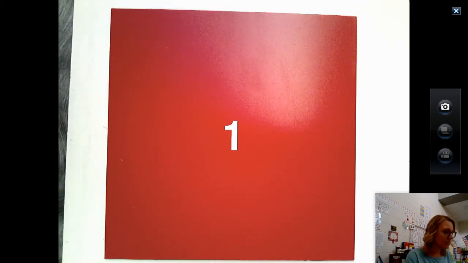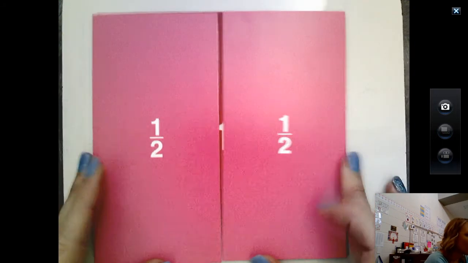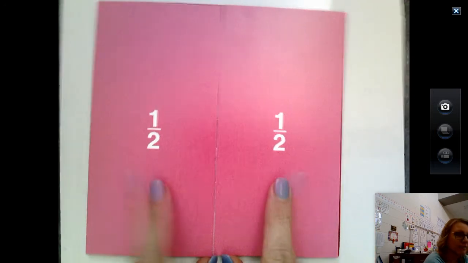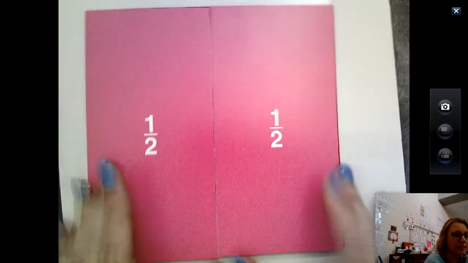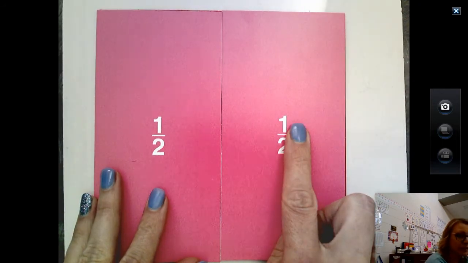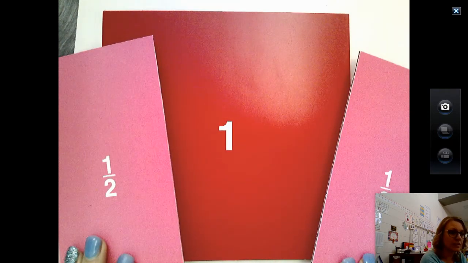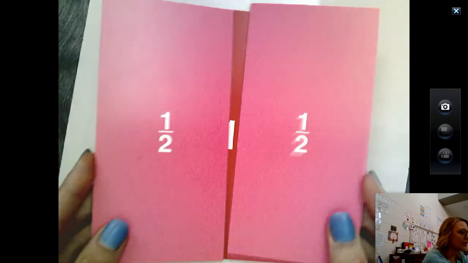Now, if I took that one whole square and I cut it in half like this, I would now say I have a half. 1/2 and 1/2 makes a whole. Okay, and this is a fraction. 1 out of 2. I have 2 total pieces. And when I put them together, I have a whole.